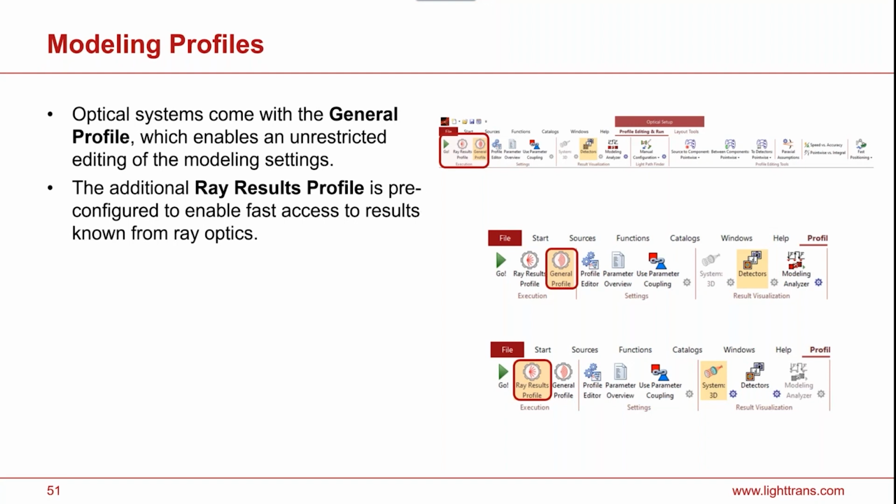So you will not feel any difference there in your user experience, besides maybe sometimes it's faster, as I have shown before, but otherwise not. But we have now reflected very clearly that ray optical results are produced with a physical optics engine.